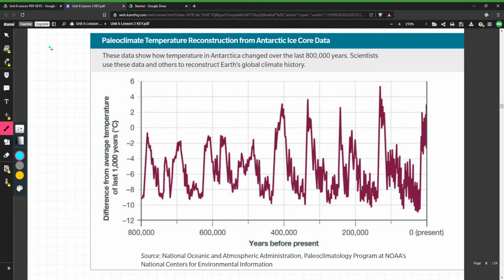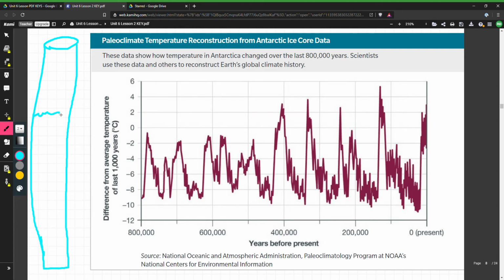You might have a core of ice. So here's my ice core, which is straighter than that, but here's my ice core. And maybe it's dirty right here, and it has the same type of everything from when this volcano erupted. So this is when the volcano erupted, and then another time maybe there was a flood, and so it distributed some things at one point in time.